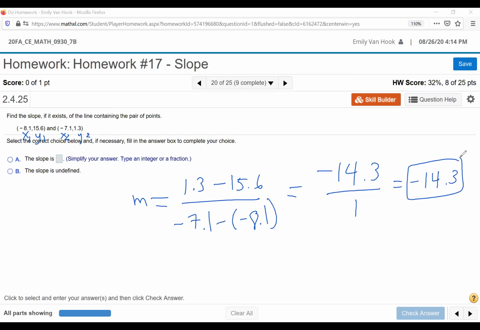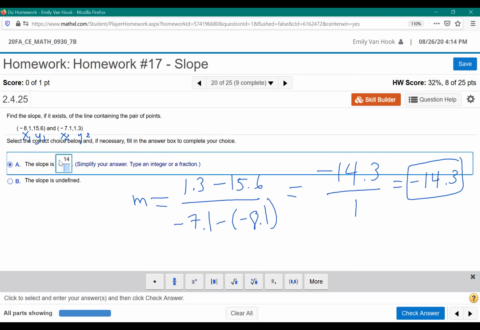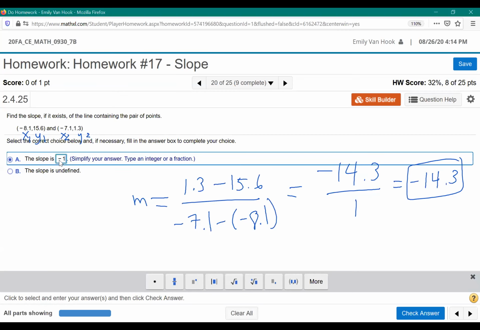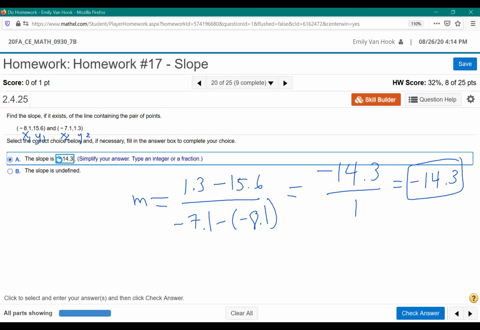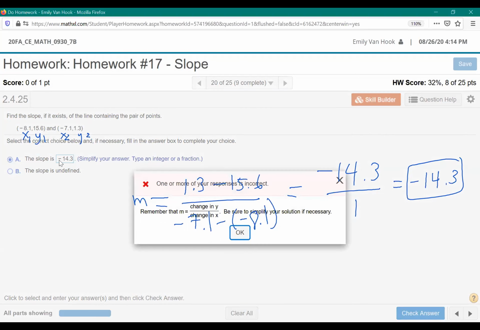Okay, I'm just going to test out whether this answer will be accepted. I have a feeling it won't be because this is not an integer or a fraction, it's a decimal. Let's just give it a try. So I'm typing negative 14.3. Okay, yeah, it doesn't like it.